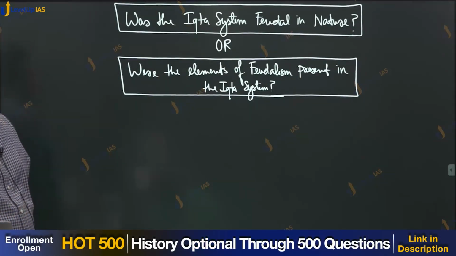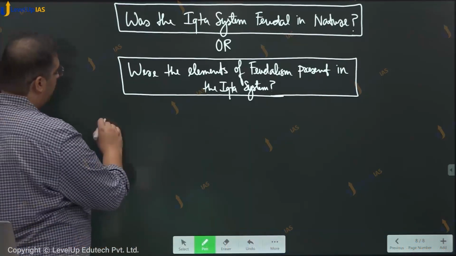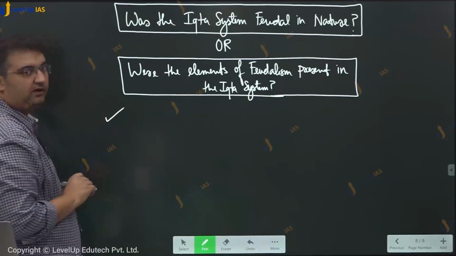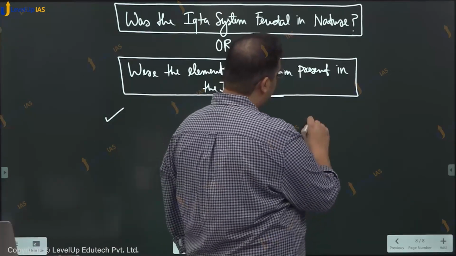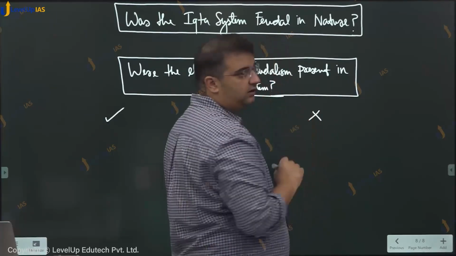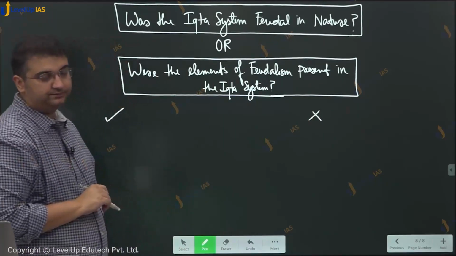So there are two points of view over here. एक point of view कहता है that it was feudal, दूसरा point of view कहता है that it was not feudal in nature.